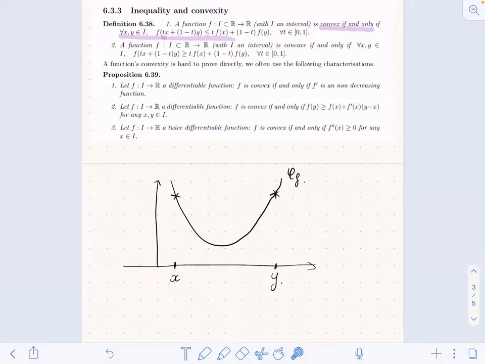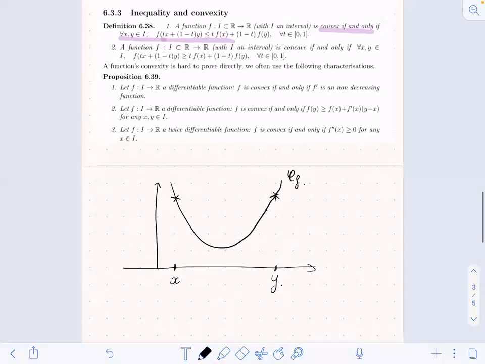The function is convex if and only if, as you go along, the value at, for example, this point, maybe for t equal to 0.1, is smaller than 0.1 times f of x plus 0.9 times f of y.